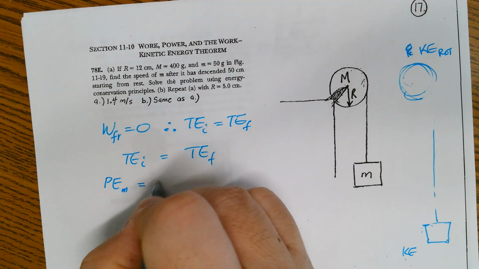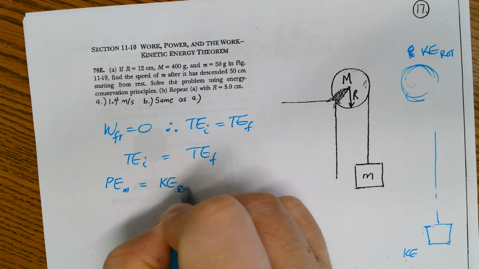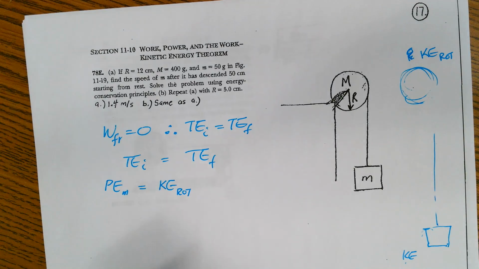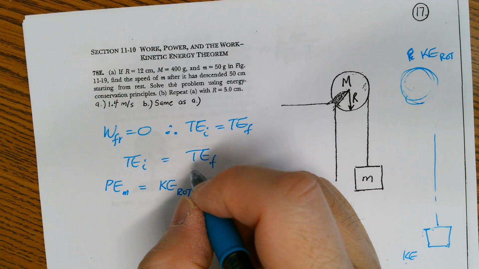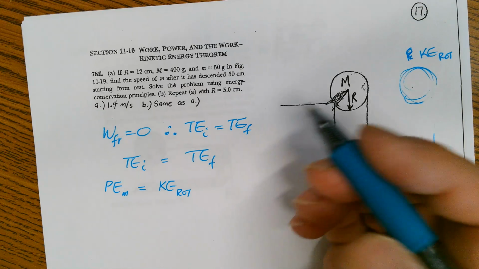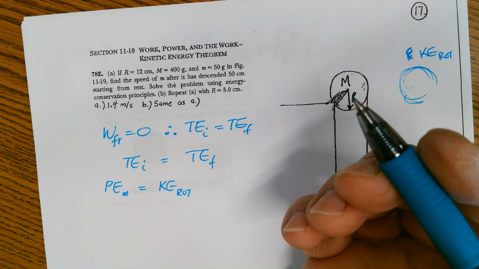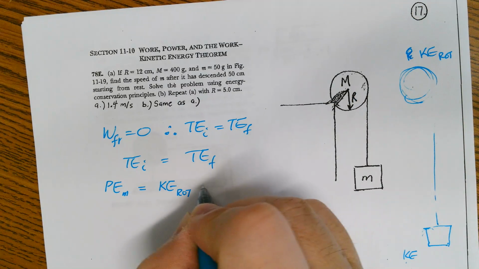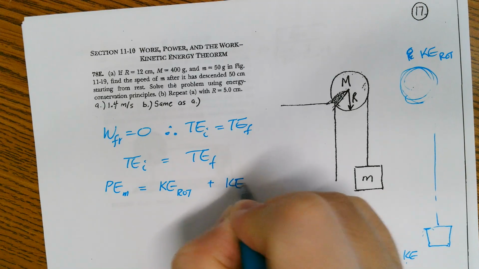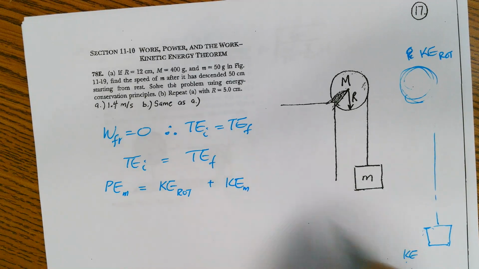So I have kinetic energy rotational for the disk, I'm assuming that it's a disk, plus kinetic energy of this hanging mass.